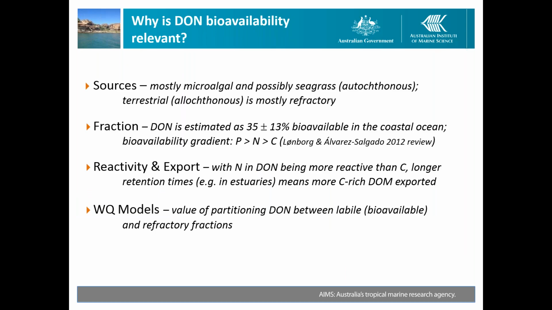Turning now to sources. Most autochthonous dissolved organic nitrogen, that from microalgae, be they pelagic or benthic, and possibly seagrass, is bioavailable. For other possible sources within the water column, such as corals and sponges, the DON characteristics are poorly known.